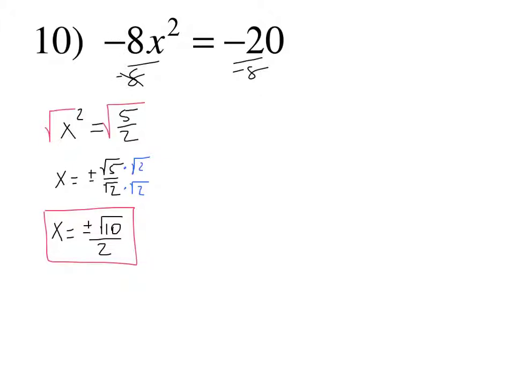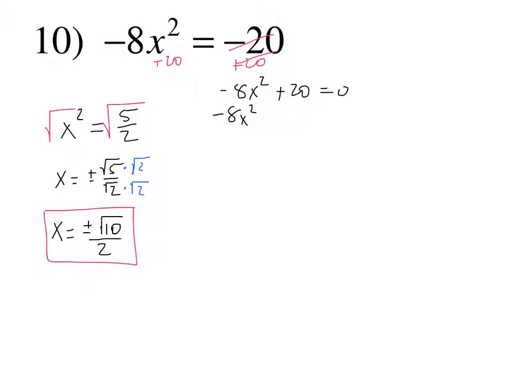So let's go back to the original, and let's see how we would do that by the quadratic formula. What do I need to do first here? I need to add 20 to both sides. All right, well, by adding 20 to both sides, I get negative 8x squared plus 20 equals 0. We don't have a b term, so we've got to put it in there.